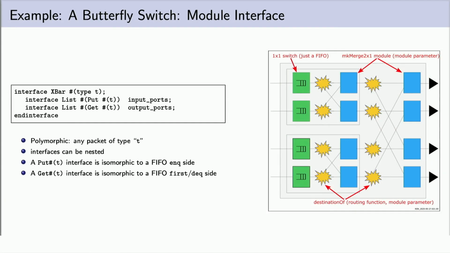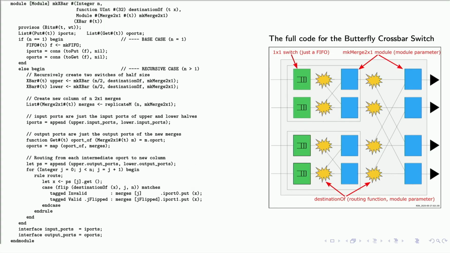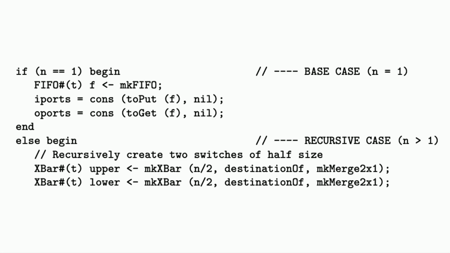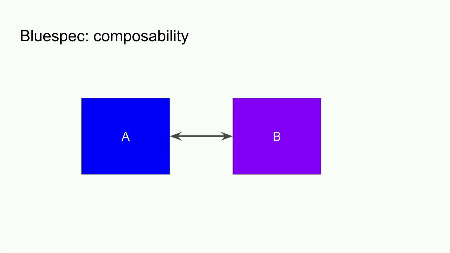And the butterfly that you saw before, you can very nicely write that in Bluespec as well. This is the complete code of how you would write the butterfly. At the heart of it, you can see the base case and then the recursive case where you make a big butterfly out of smaller butterflies. And for me, one of the key benefits of Bluespec is it lets me reason in a modular manner.